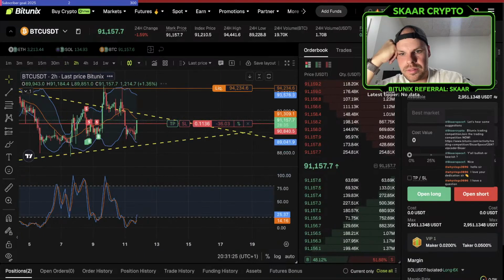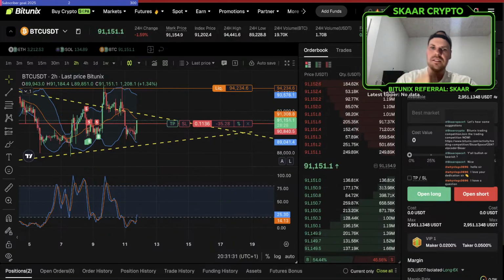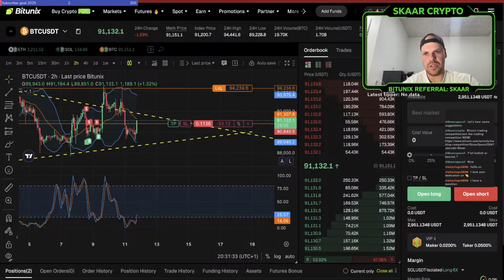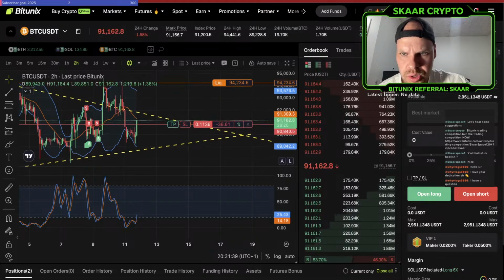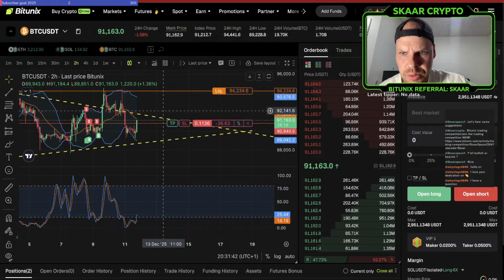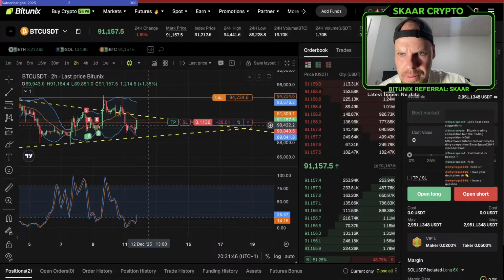But it's annoying because on the 2 hourly, is that because it hasn't closed? I really want to see how this closes on the next candle close, because it could tell us. It could narrow in this Bollinger Band. It could tell us a little bit more of what is to be expected.